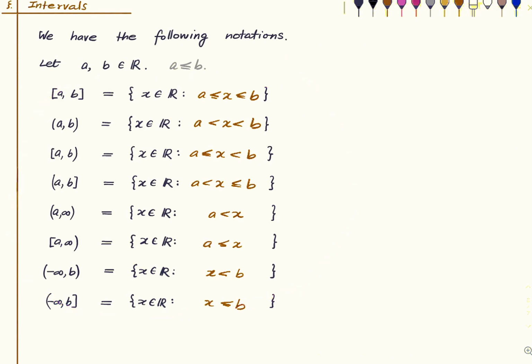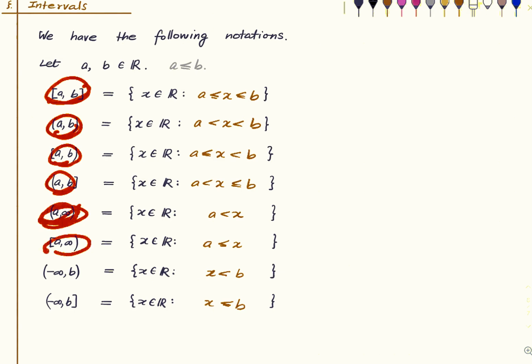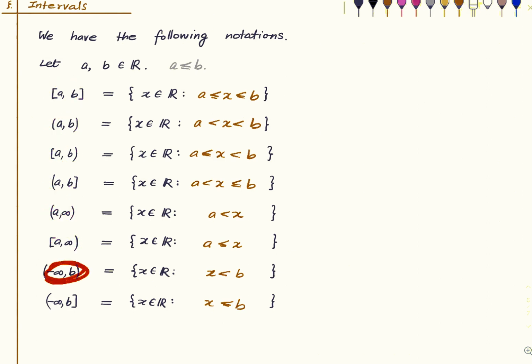These are called intervals. This is called the closed interval. This is the open interval. This is half open, both open, but infinite interval. In fact, these are called semi-infinite intervals. And then the full infinite interval is, of course, the set of all the real numbers itself.